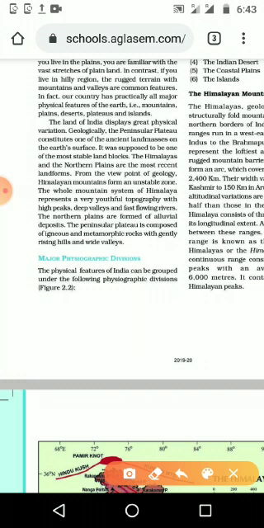In some places it is covered with snow all 12 months, and in other areas it is partially covered, maybe 3 to 4 months, or 5-6 months. We have mountains, plains, desert, everything. All the features we can see in the other countries or in the world, we can see here in India itself. The land of India displays great physical variations.